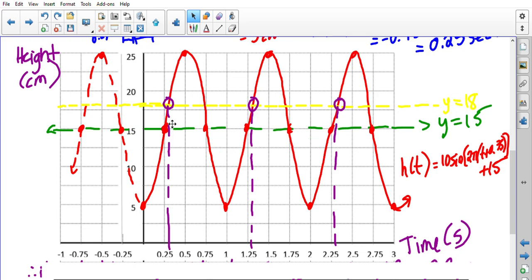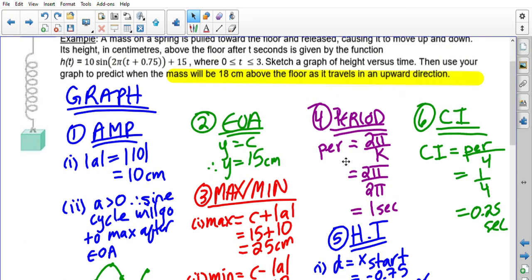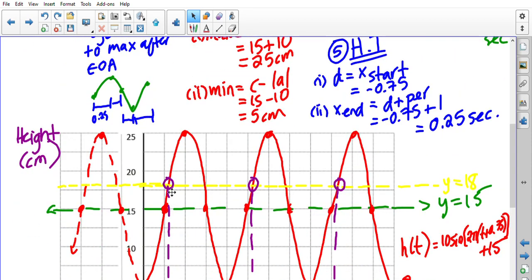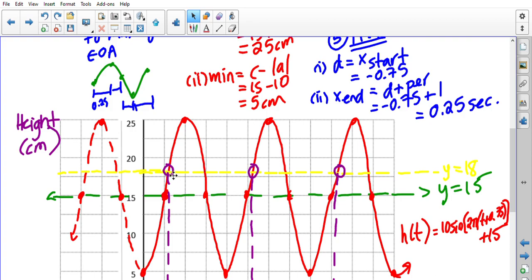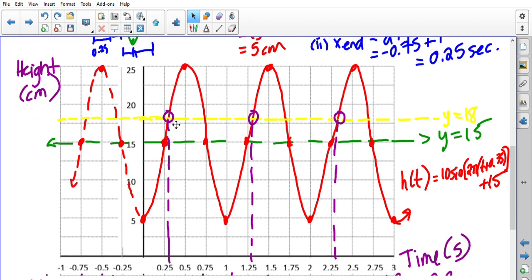Now obviously we can see y equals 18 crosses the graph at 1, 2, 3, 4, 5, 6 places. But they said the upward direction only, so I'm doing this for all the stretches where it's increasing. That would be this point here that I've circled in purple, about 0.3 seconds.